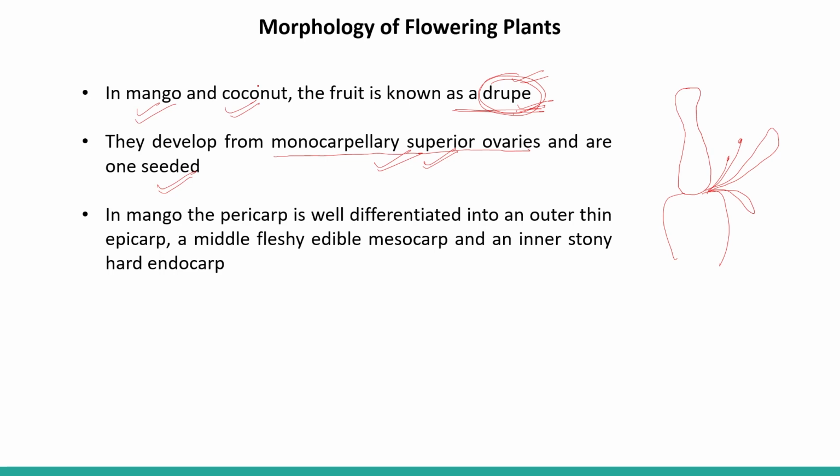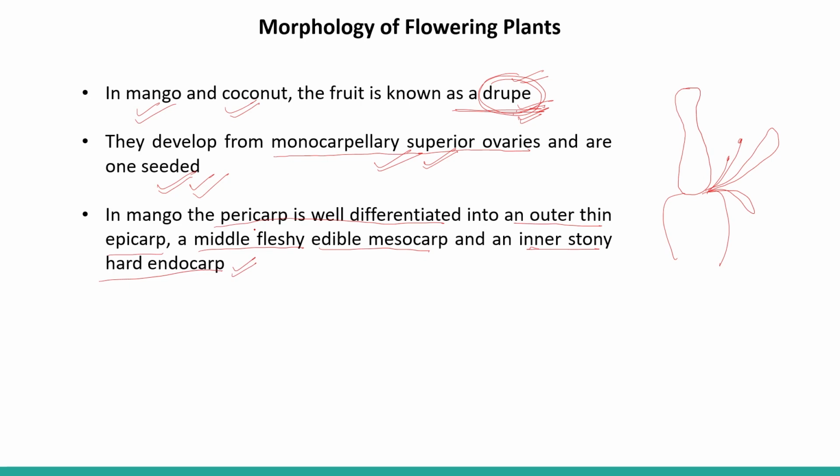Mango and coconut differ so much, but they are both drupes, because both are formed from a monocarpellary superior ovary and are one-seeded fruits. In mango, the pericarp is well differentiated into an outer thin epicarp, a middle fleshy edible mesocarp, and an inner stony hard endocarp.